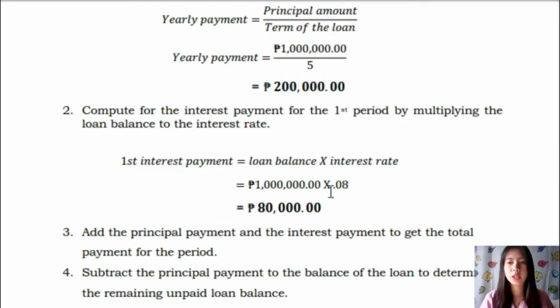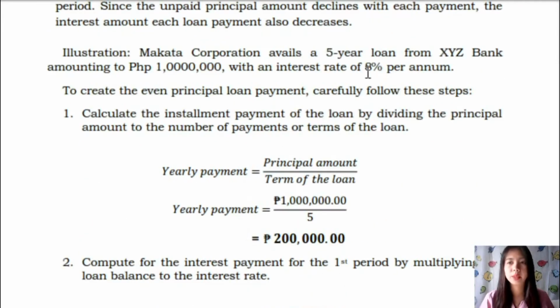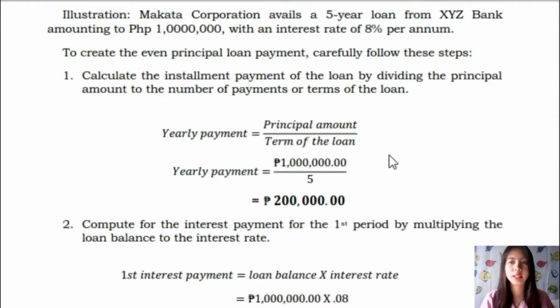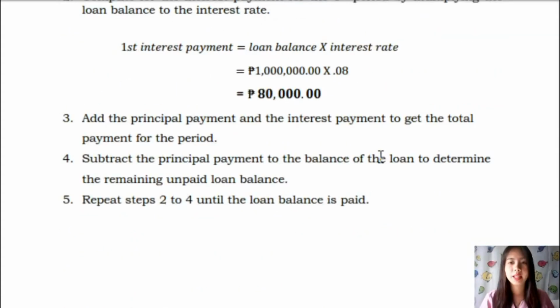So, you have 1 million times 0.08, because 8% per annum ang interest rate niya. Then, add the principal payment and the interest payment to get the total payment for the period. Then, subtract the principal payment from the balance of the loan to determine the remaining unpaid loan balance. Just repeat steps 2 to 4 until the loan balance is paid.